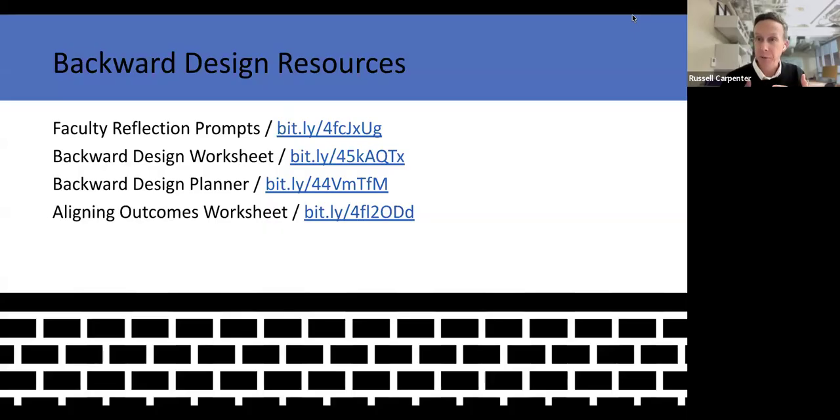So some of these prompt reflection that will encourage you to think a little bit more about backward design, the application, your level of familiarity, to plan activities, especially as you are continuing conversations at your institutions or within graduate profile teams, and then how to align the activities as well.